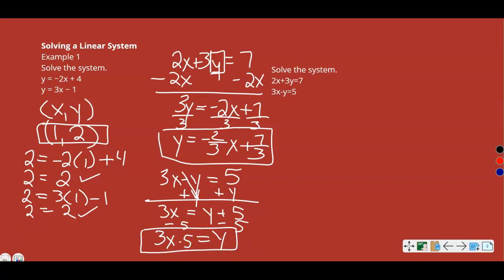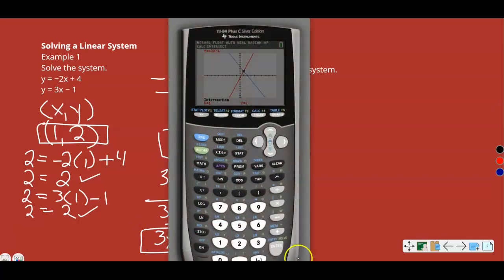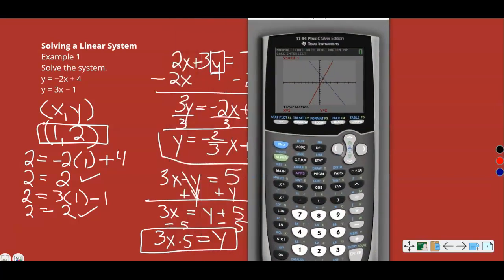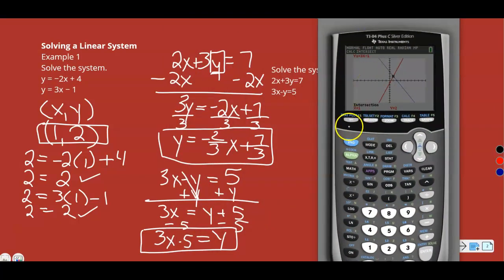And then we can do the same thing, use our calculator to find the intersection point. All right, so if I go to y equals and I hit clear, and I hit clear, I need to put my graphs in here. So I've got, make sure I use a negative sign this time.